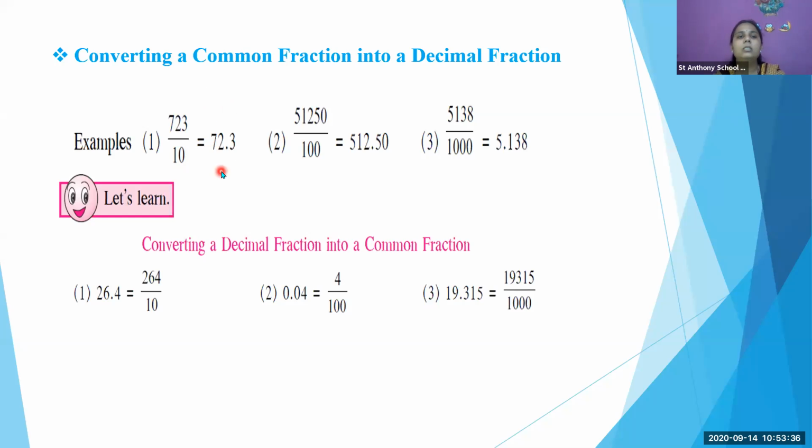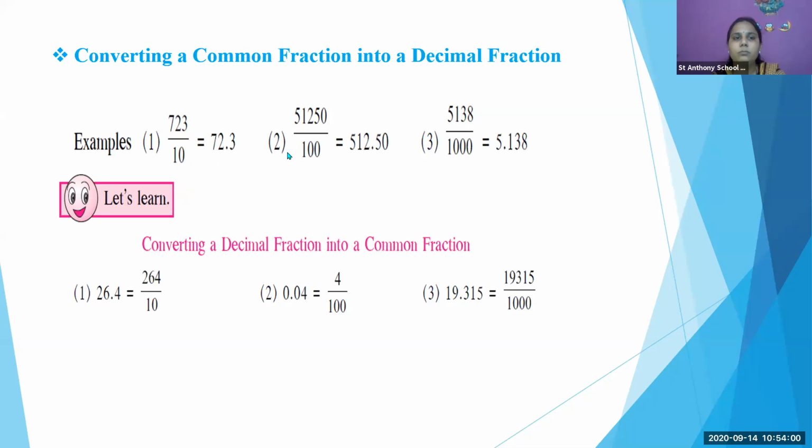Okay, so the number is 723 upon 10. How many zeros are there in this case? Only one, right? So when we convert this 723 upon 10 into a decimal fraction, we are going to see how many zeros are there in the denominator.